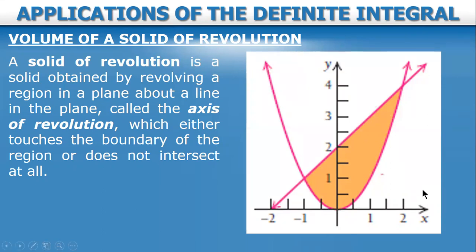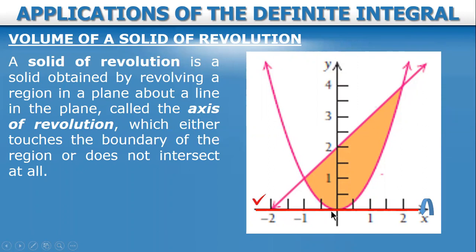So suppose we are going to revolve this area about a horizontal axis or the x-axis. So our axis of revolution must either touch the boundary or it will not intersect at all. So one possibility is this. Our axis of revolution is the x-axis and it touches this boundary, the origin.